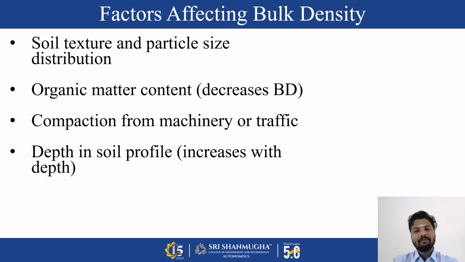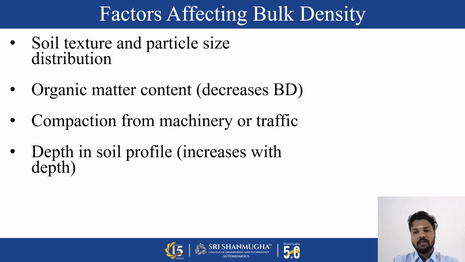An increase in organic matter generally decreases the bulk density, as organic matter is lighter than mineral solids. The third one is compaction. Compaction from machinery or traffic increases the bulk density by pressing soil particles closer together and reducing pore spaces. The final one is depth in the soil profile. Bulk density generally increases with depth due to the weight of the overlying soil. So these are the factors affecting bulk density.